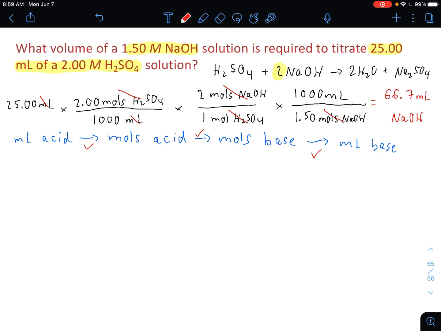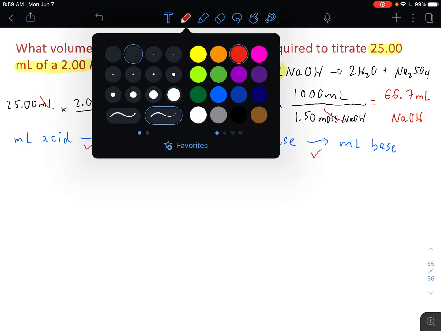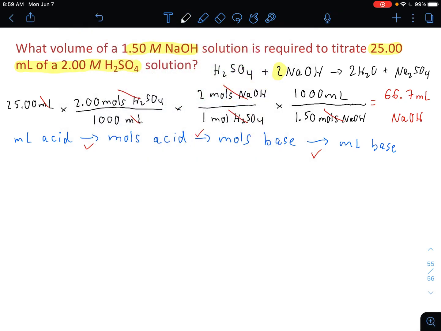Okay, so what about retooling our MAVA equals MBVB to fit this situation? So remember, what's true in this is that the moles H plus equal the moles OH minus. But now, with a diprotic acid, we're going to have to modify it slightly.